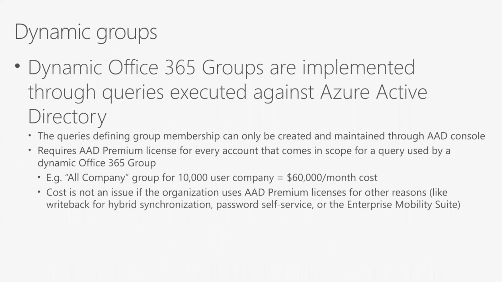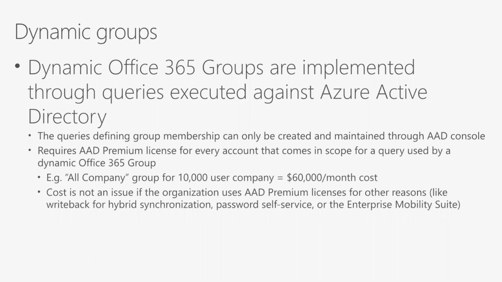Running out of time, so I'm going to go through a number of things very quickly. We're almost at the end. We have dynamic groups as well that you can implement if you have Azure AD Premium, which means that the membership of an Office 365 group is automatically updated based on certain criteria. So I want everyone whose department is marketing to be in this Microsoft Team.